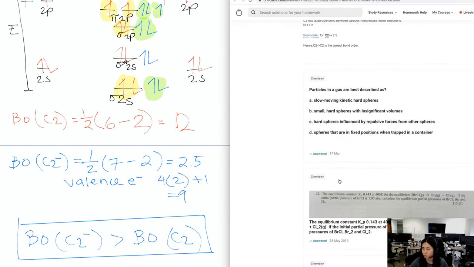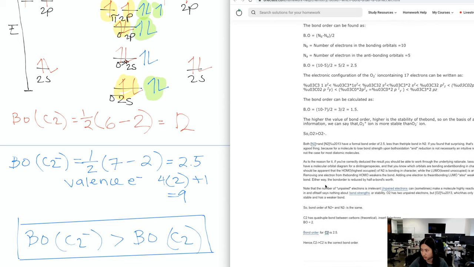Okay, so just to make sure that what we have here on homework help is right. They're saying C2 bond order is 2, that's what they're saying. And then they're comparing C2 minus and C2.